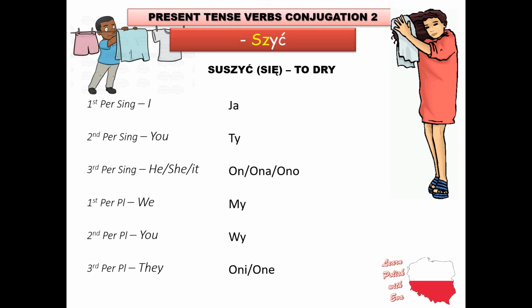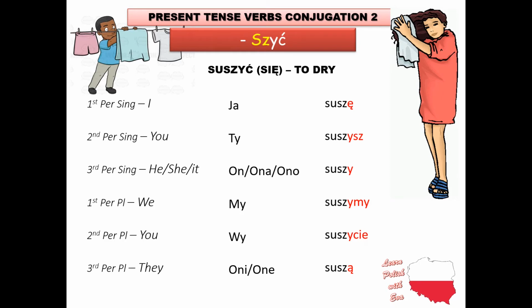We do the same thing as usual. We will take off the last two letters, okay? So ć and y in this case, and we will be left with the stem of susz. And after that, we will add the adequate endings. So the final verb will look like this.